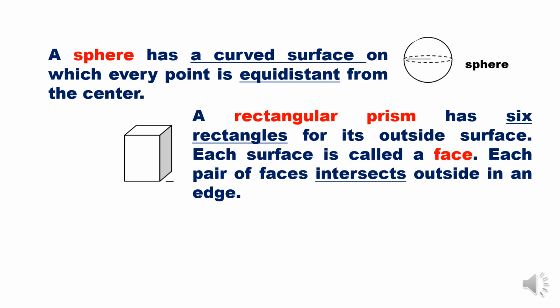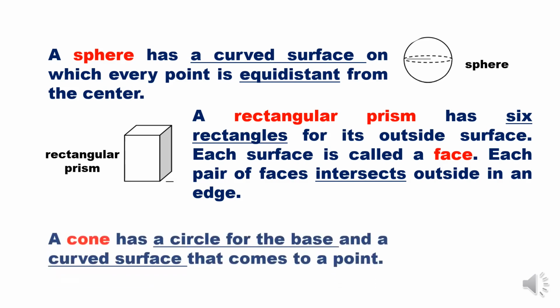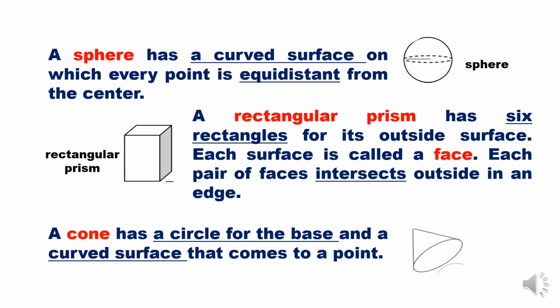Each pair of faces intersects outside in an edge. That is rectangular prism. A cone has a circle for the base and a curved surface that comes to a point. That is a cone.